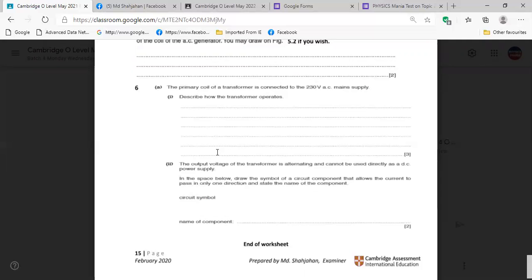Is that a split ring? No, this is a diode. To convert AC to DC, we use a diode. A diode allows the current to flow in one direction.